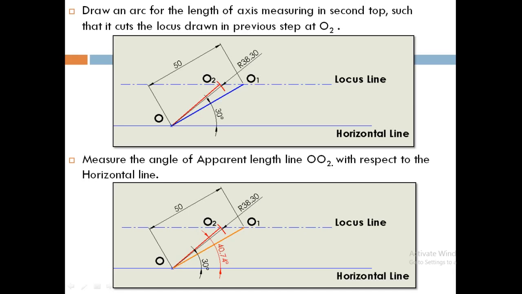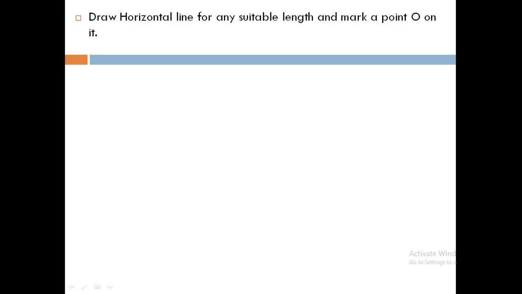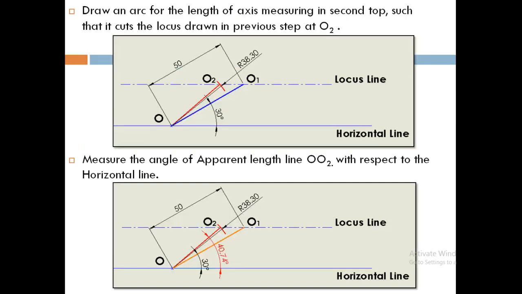Here you can see it is 40.74 degrees, which we round off to approximately 41 degrees. So this is how we calculate the beta angle. Now I hope you are aware of when to calculate the beta angle, when not to consider it, and how to calculate it.